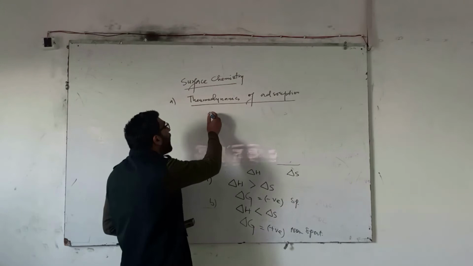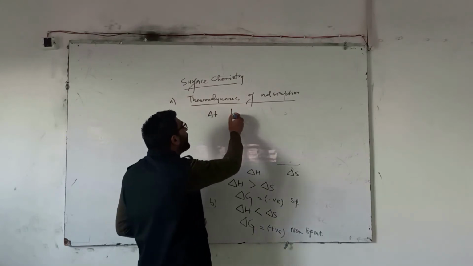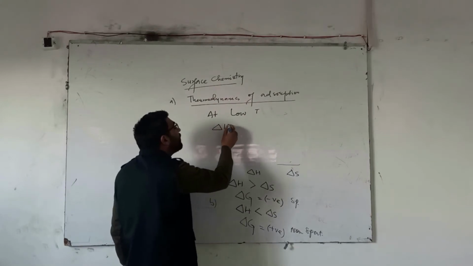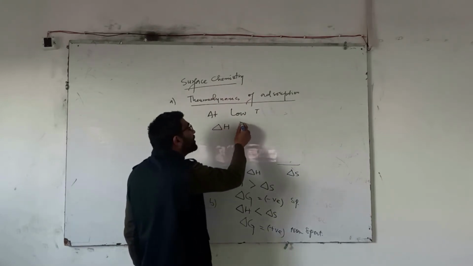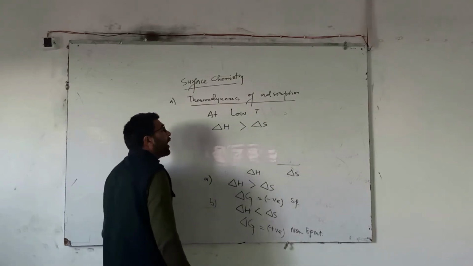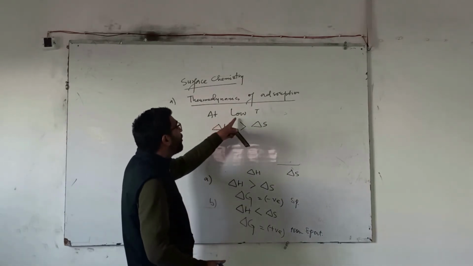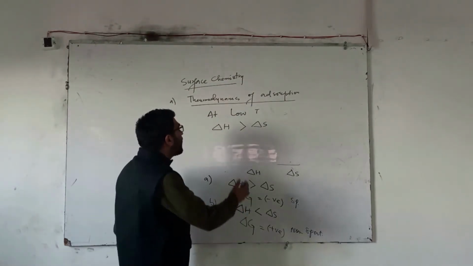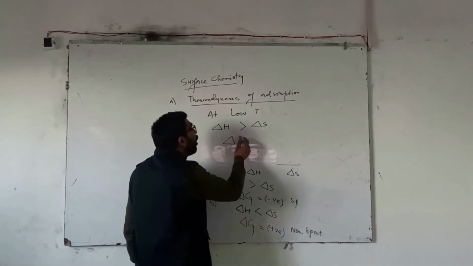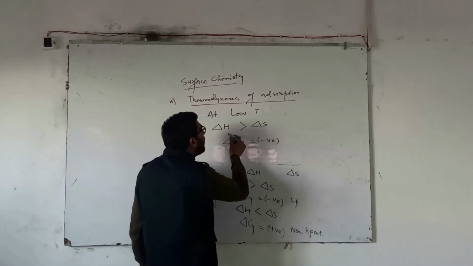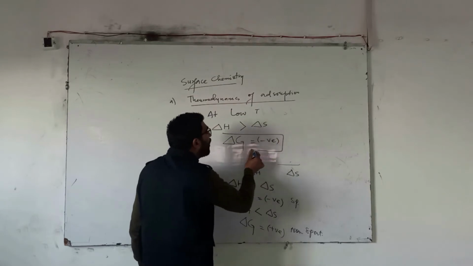At low temperature, it has been seen that the value of delta H is greater than the value of delta S. That means at low temperature, delta G will come out to be negative and the process will be spontaneous.